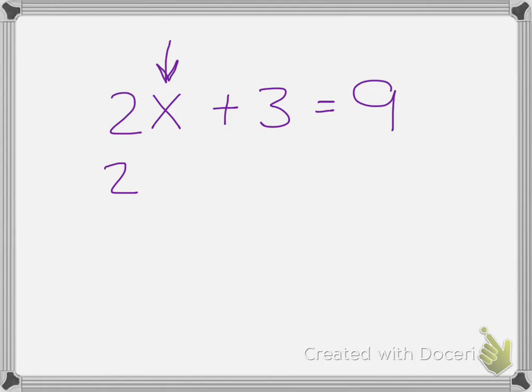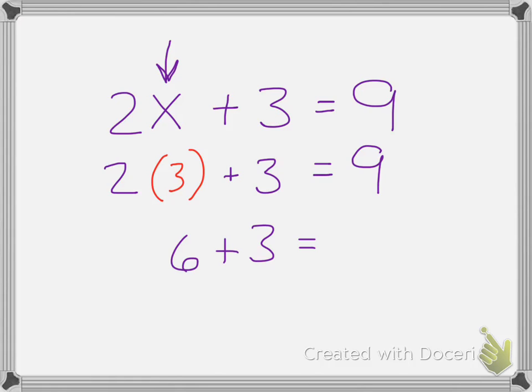So that's going to give me 2 times 3 plus 3 equals 9. Now I know that 2 times 3 is 6, so I'm going to rewrite it as 6 plus 3 equals 9. Now if this is a true statement, then I know that that answer of 3 is the only correct number that I could substitute into the equation. So because I know that 6 plus 3 is 9, then I know that 3 is the correct number.